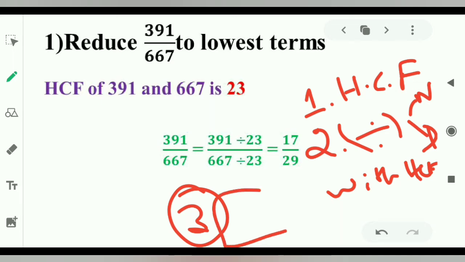In such a way, we will get the answer as the lowest term.